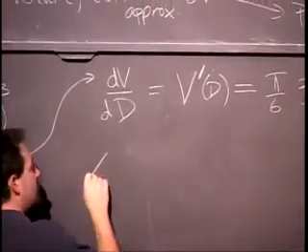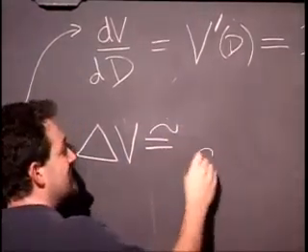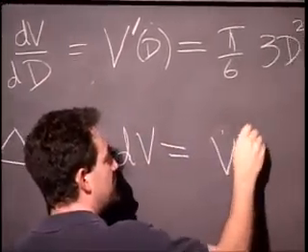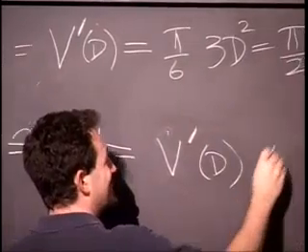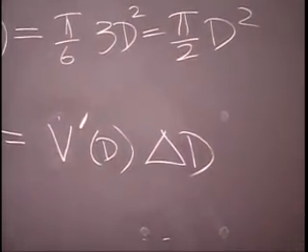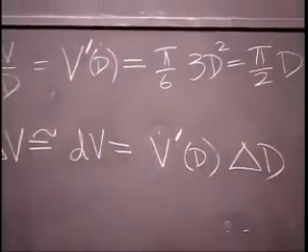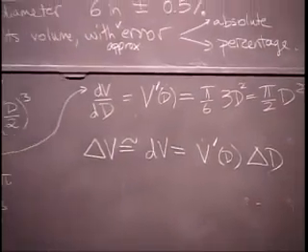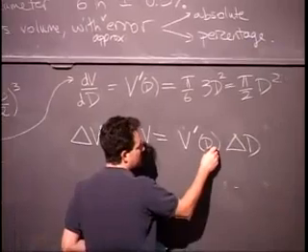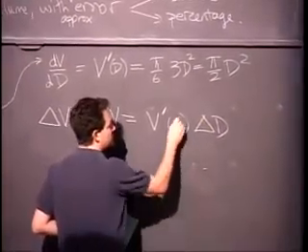We're interested in the error in V, or the change in V, which is approximately dV, which is equal to, well, it's not f prime, it's V prime of D, delta D. Okay, that is just the above equation, but all I did was I replaced f by V and the variable x by D. Now the thing is, this D is the original D, which actually we know is 6. So I'm just going to change this to 6.